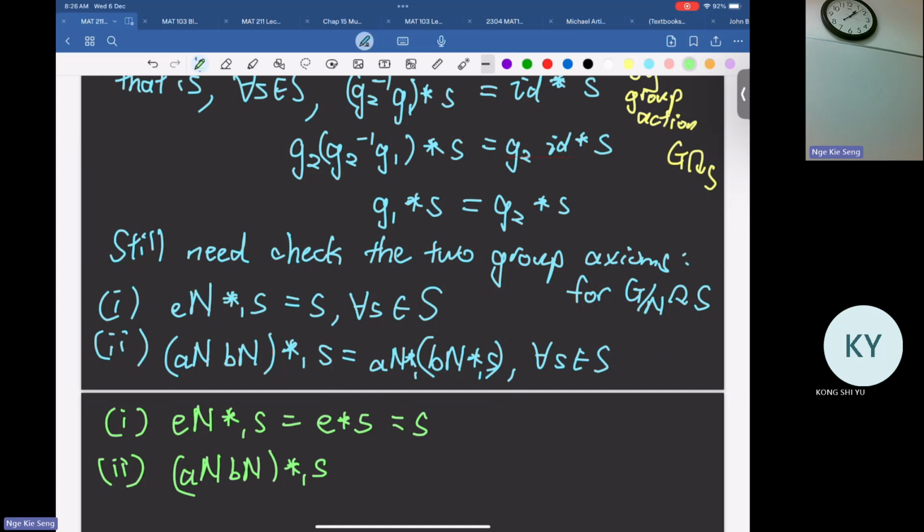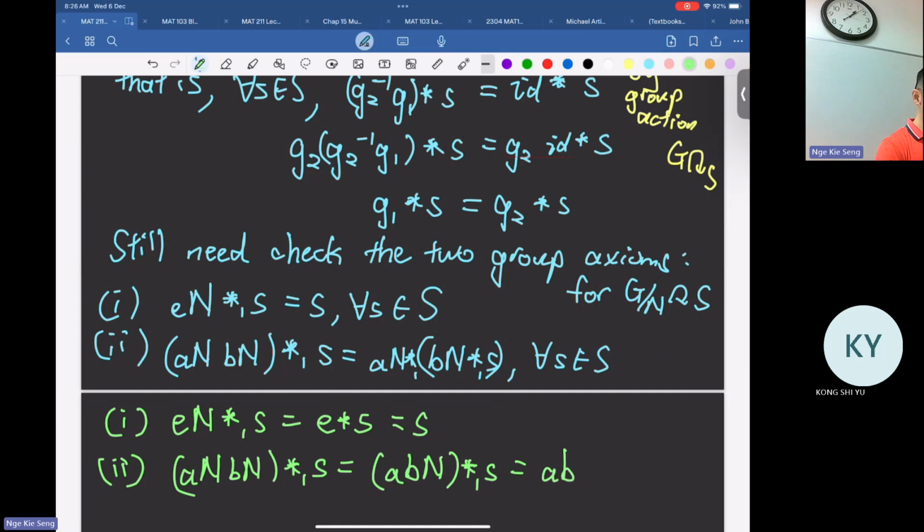So NB equals BN. AB and N is a left coset, represented by AB. So you should make AN and BN a coset first, and then you act on X. Then you can use the definition.